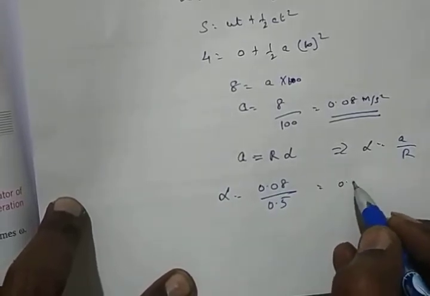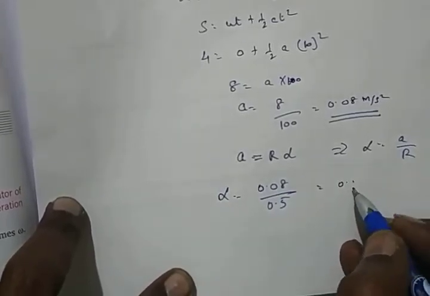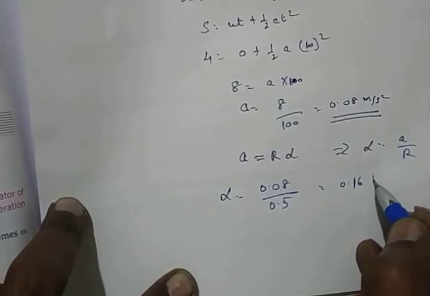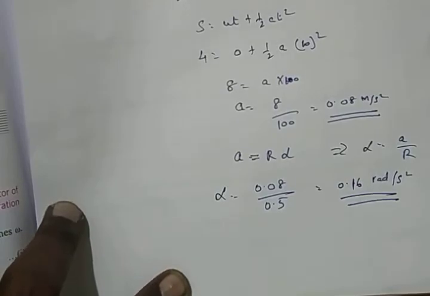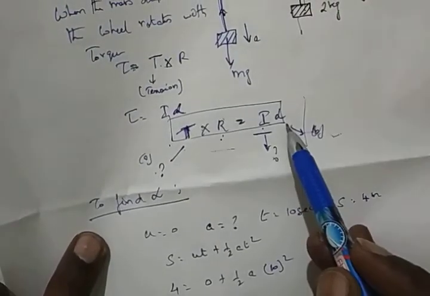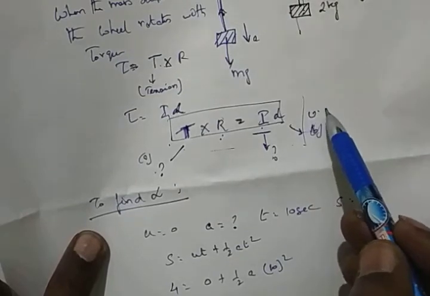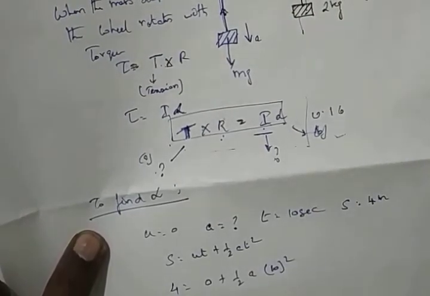So it becomes 0.16 radians per second square. So that is the first part of this one. Now look at this one. In this one, alpha is known now. This is 0.16 is the answer.